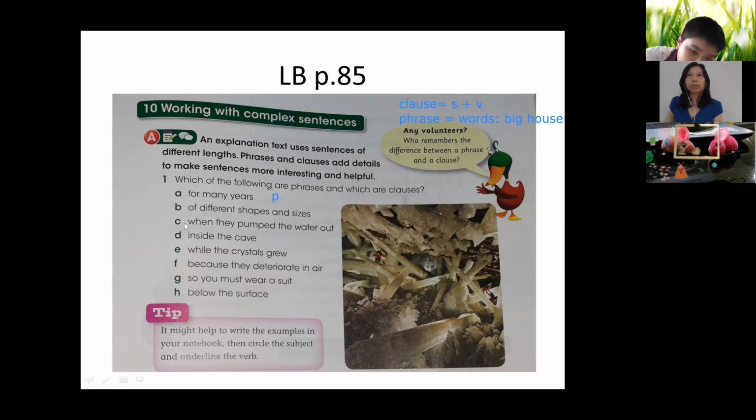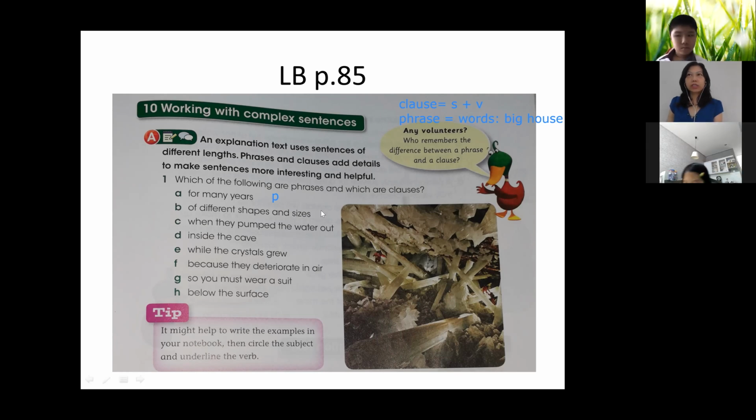A is a phrase. B, is it a phrase or a clause? Phrase. Good job. There is no subject, there is no verb, so it's a phrase. C, is it a phrase or a clause?